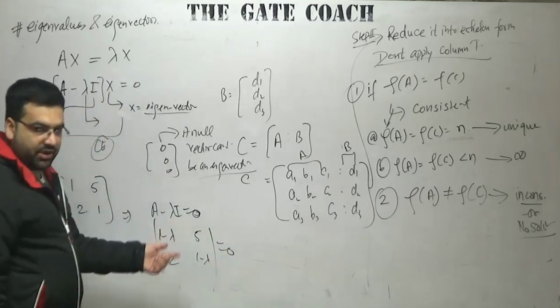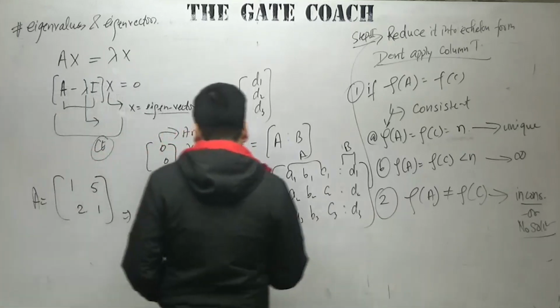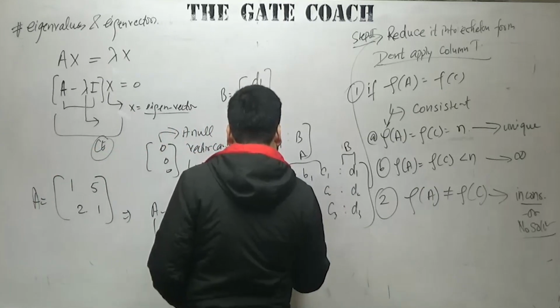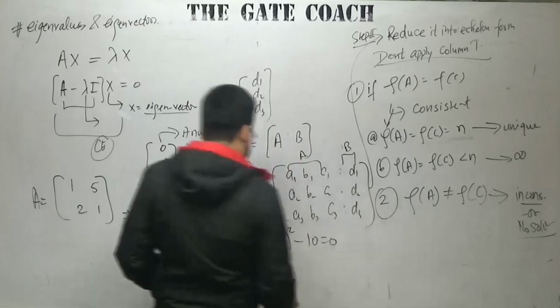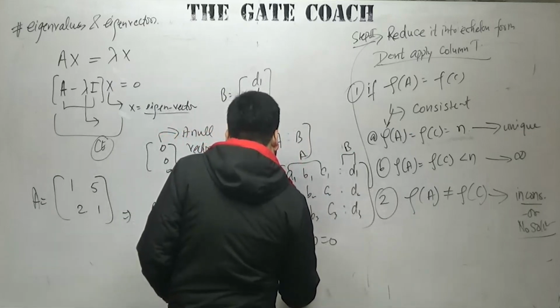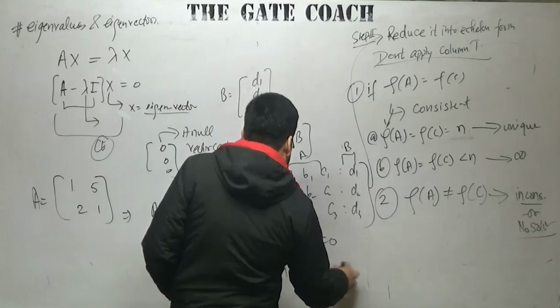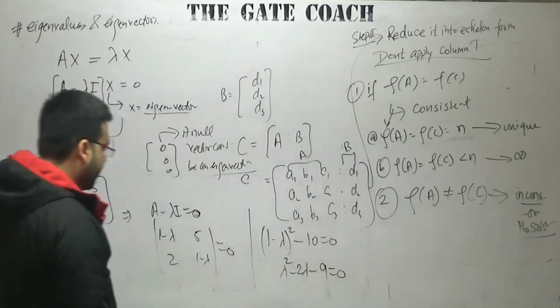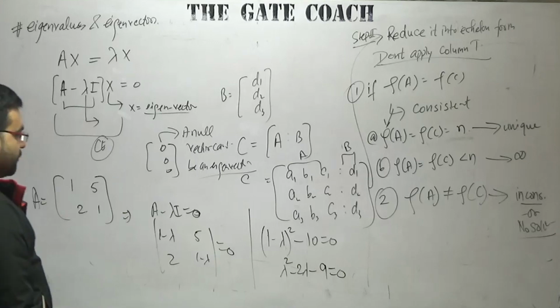See, it is a random matrix, so the eigenvalues can also be imaginary, but still I am trying it. (1 minus lambda) square minus 10 is equal to 0. Lambda square minus 2 lambda plus 1 minus 10, it will be minus 9 is equal to 0. It will be a random thing. 3 into 3 is 9, not going to make any factor.